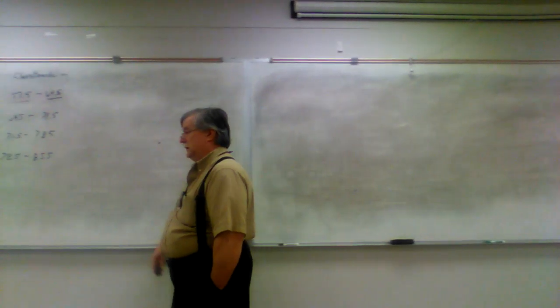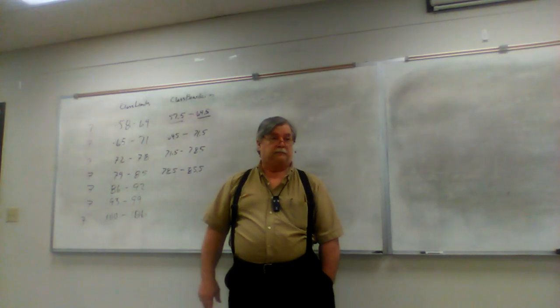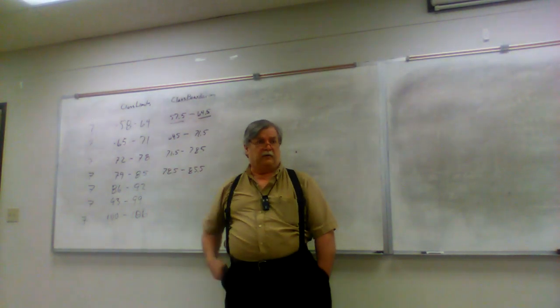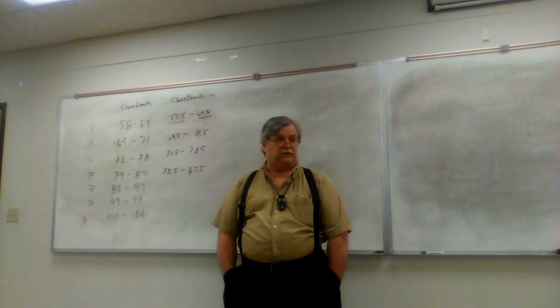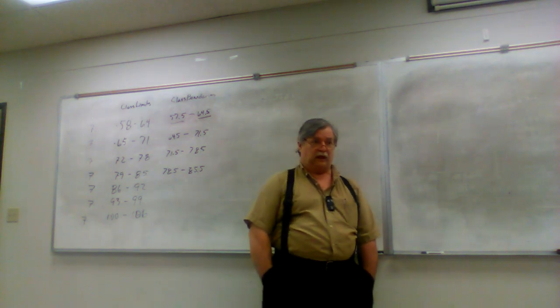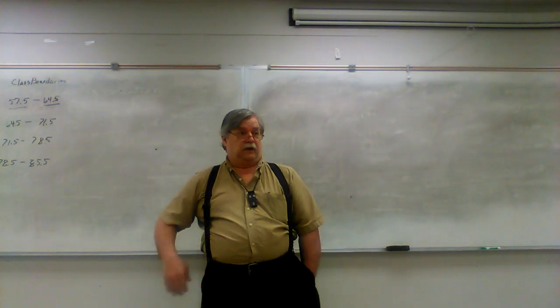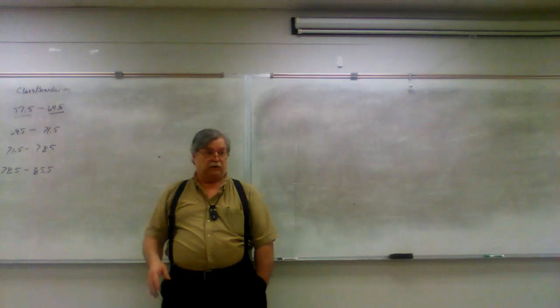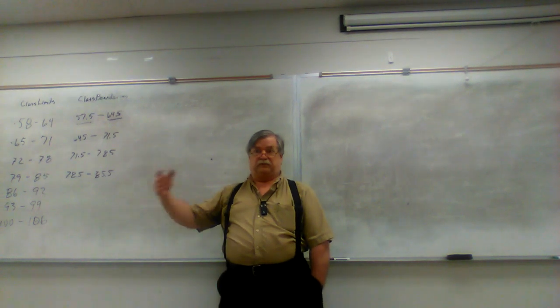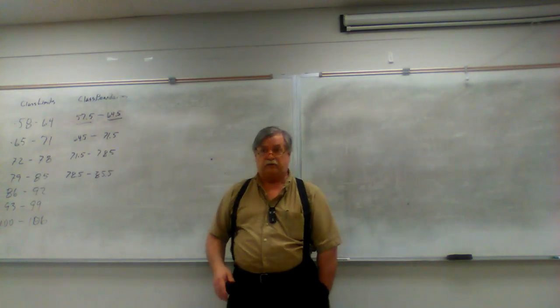Now, if you've got 100 data, and you divide it up into 25 classes with a class width of 4 each, and you find that you've got data in all your classes, you think, let's see, if I go to 30, will I get better resolution?